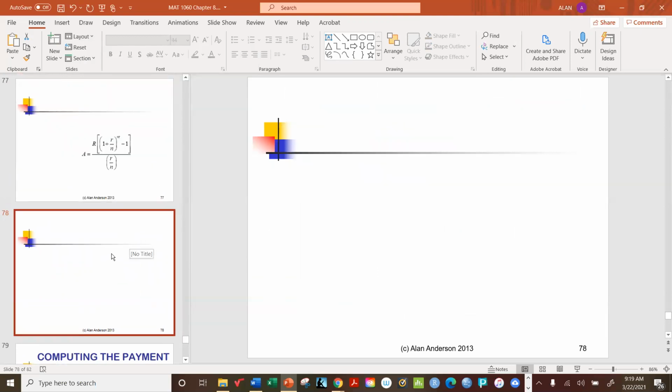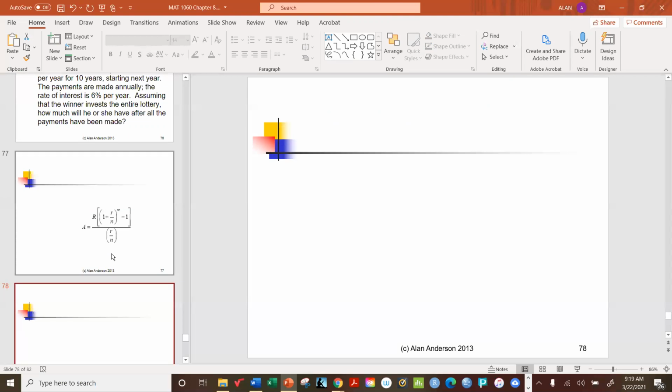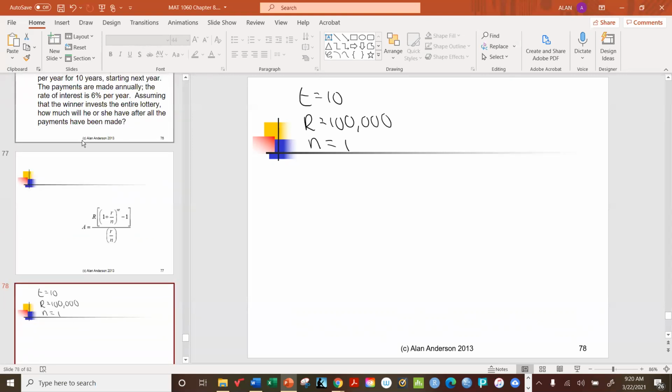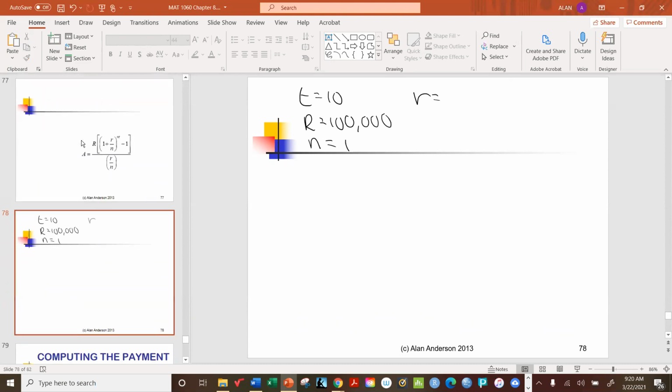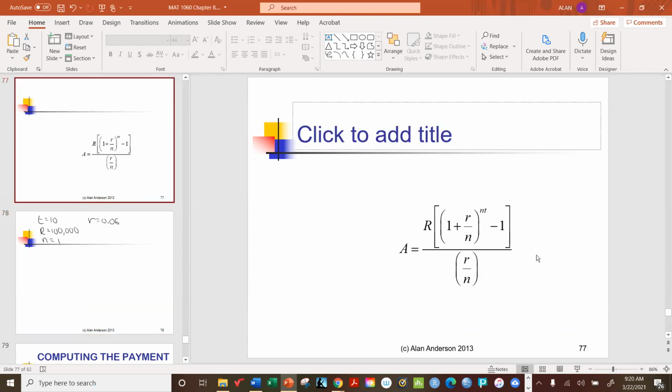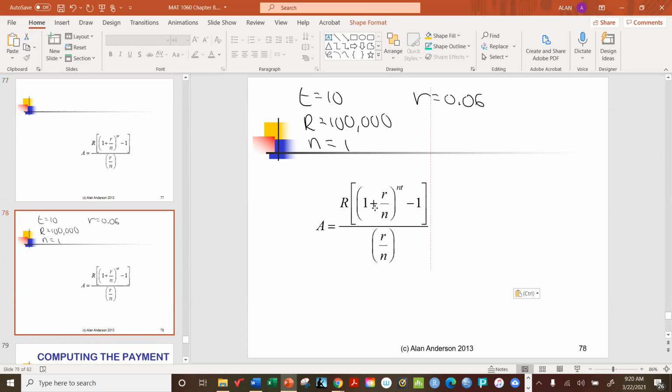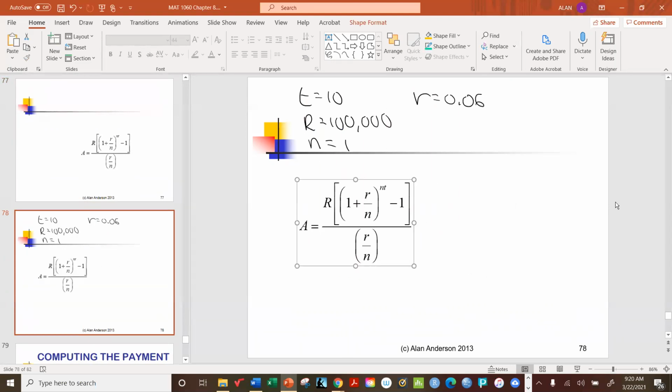okay, so what do we know? It's a 10-year annuity. The payments are $100,000 per year. We're keeping it simple by assuming annual compounding and annual payments, and the rate of interest is 6%. All right, so given the formula, why don't you try, now again, this is fairly simple.